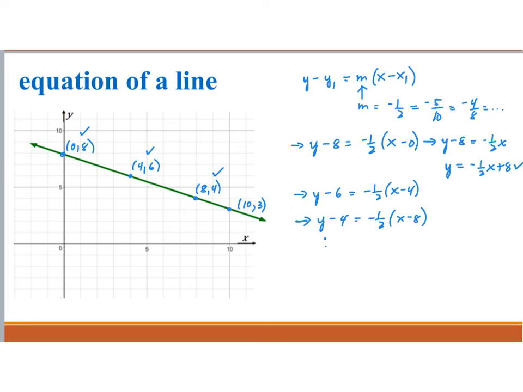So this can go on and on and on. There's an infinite number of ways to express it. And there are other forms, like your general form and your standard form, and it turns out there is also a vector form, what we call the vector equation of a line.